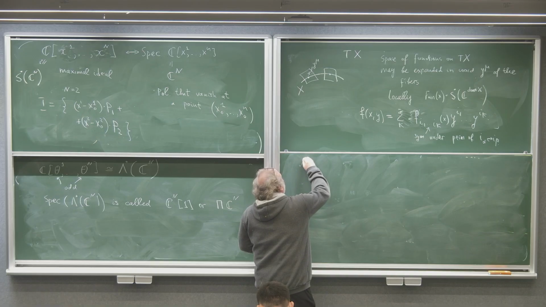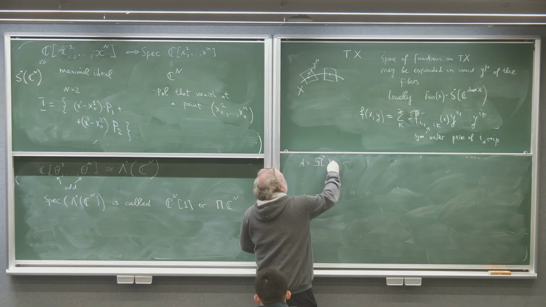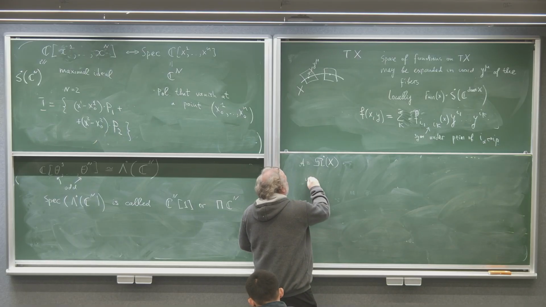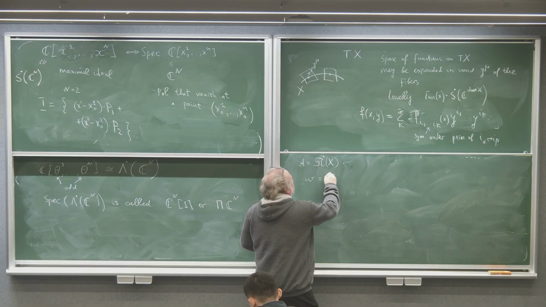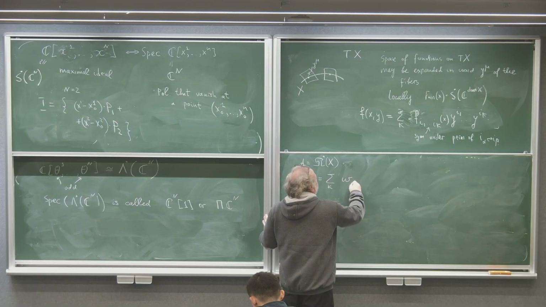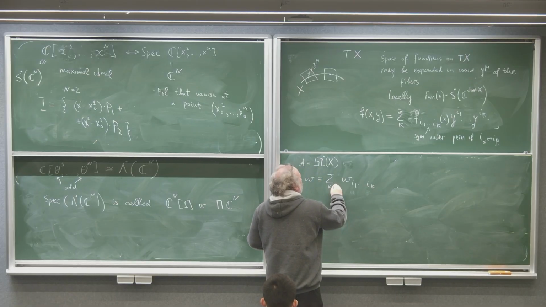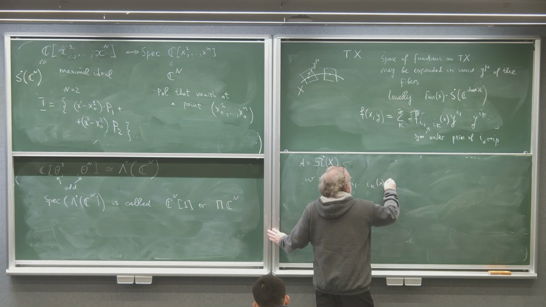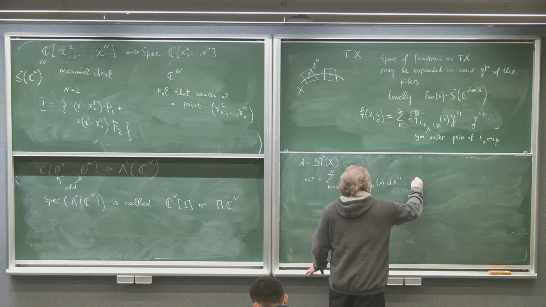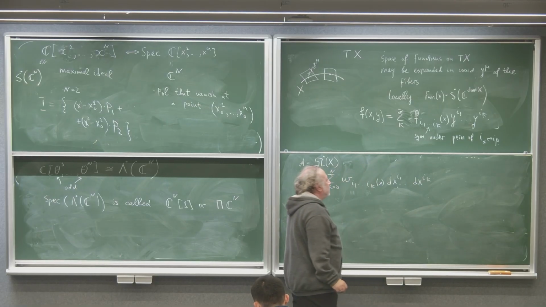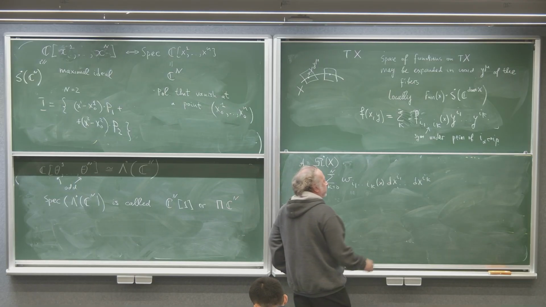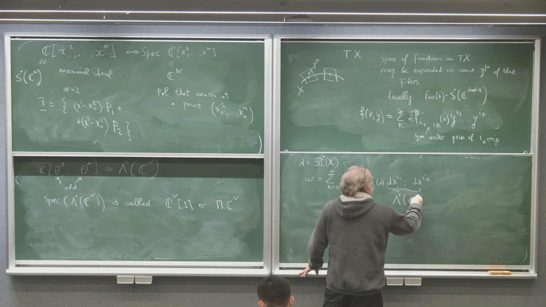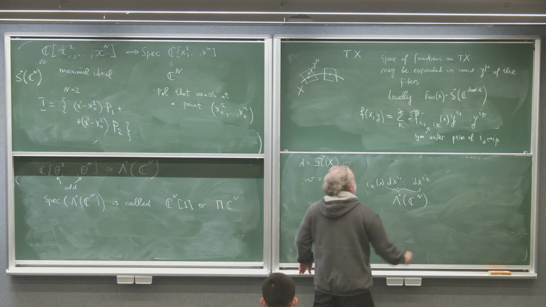Now let me look at the algebra of differential forms on X. So this is the exterior algebra of C^m.